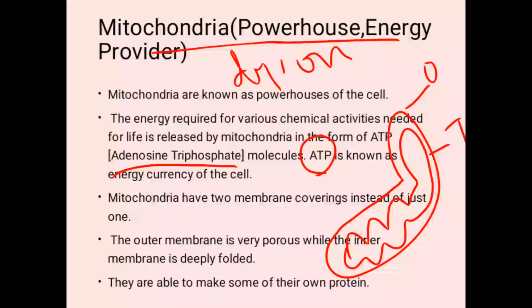The second membrane, the inner membrane, is highly folded. And also inside the mitochondria, there is DNA material. So in this chapter, only two things, plastids and mitochondria, have their own genetic material except the nucleus.